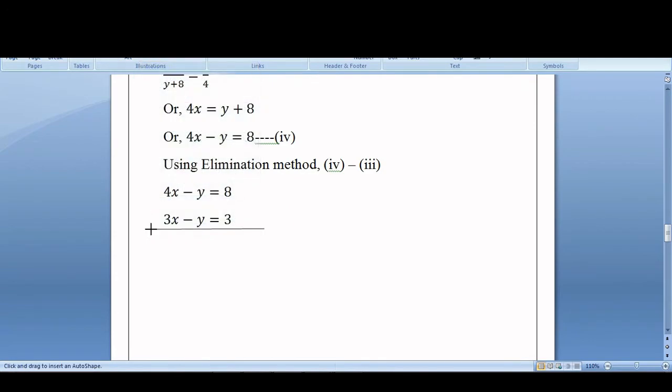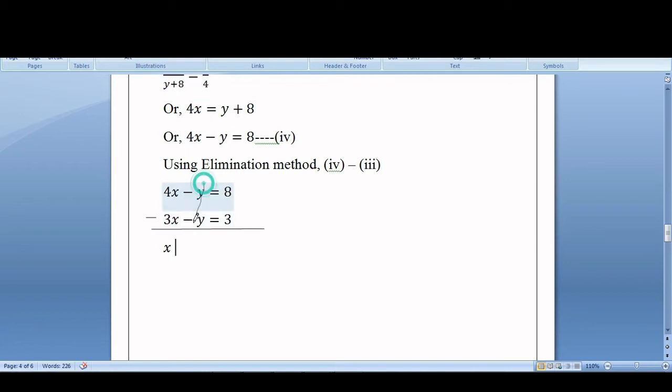Now if we subtract it, you can see over here the value of y gets eliminated. On subtraction, it will be only x.